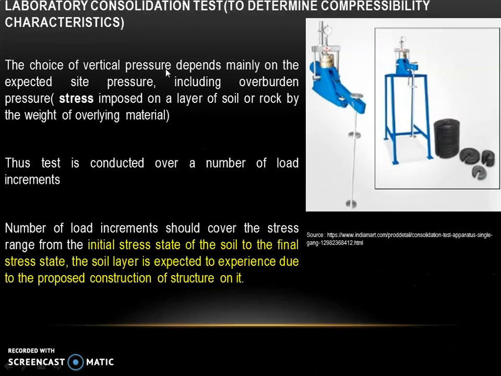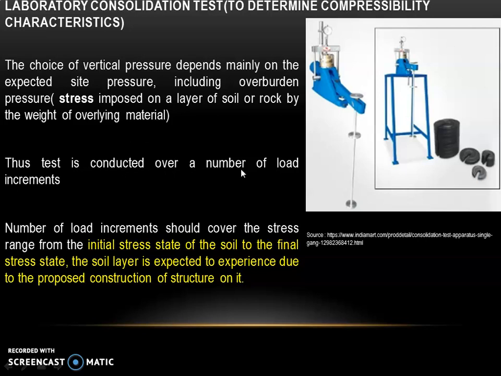The choice of vertical pressure depends on the expected site pressure, which includes even overburden pressure. Overburden pressure is the stress imposed on the layer of soil or rock by the weight of overlying material.